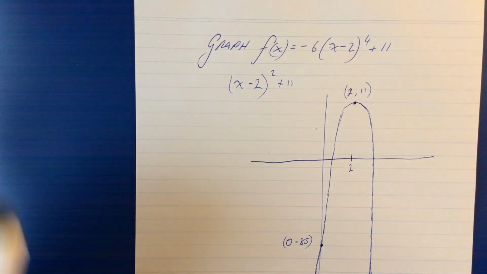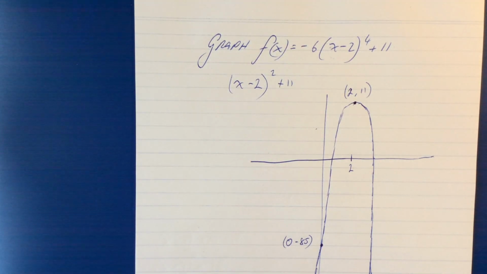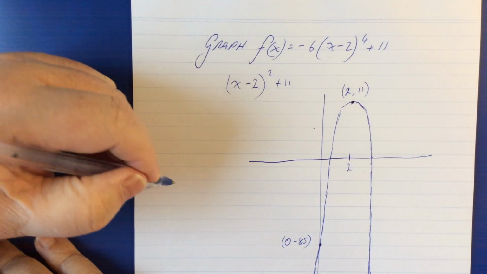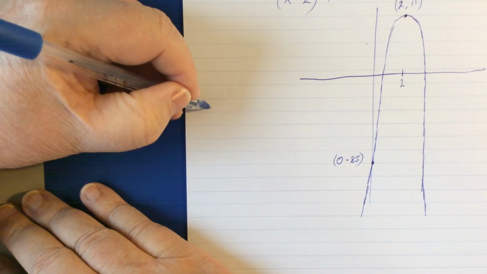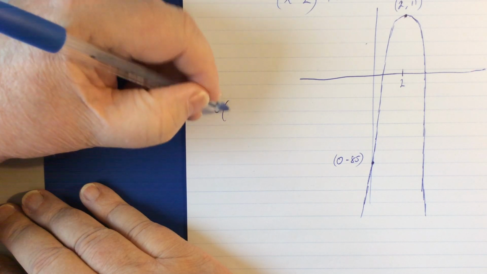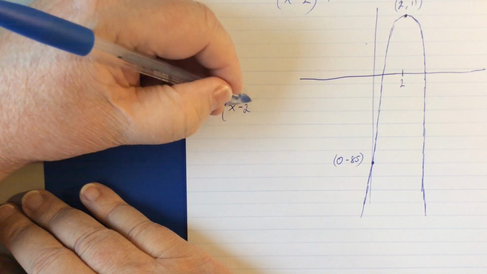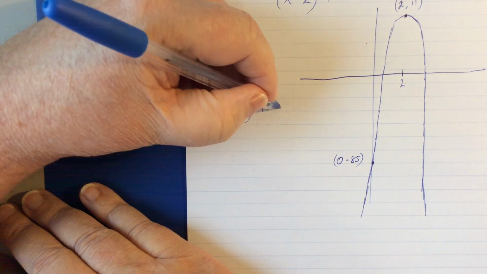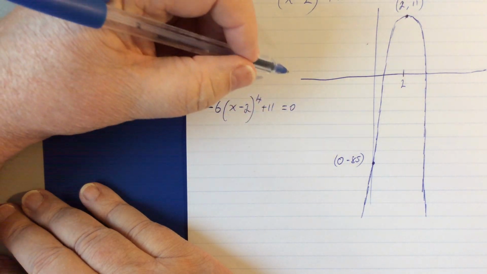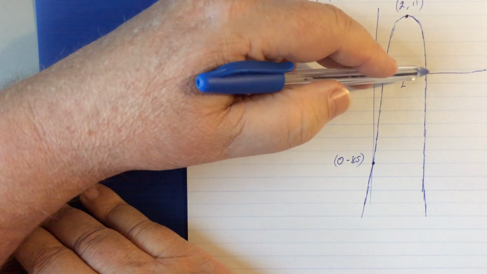Okay, so how do we find those points? Well, that's where this gets interesting. What we have to do is make some room here. We have to make negative 6 times x minus 2 to the power of 4 plus 11 equal 0. It equals 0 here and here.